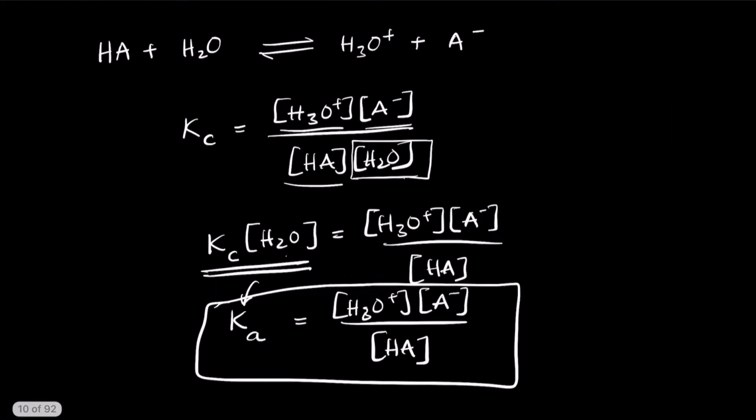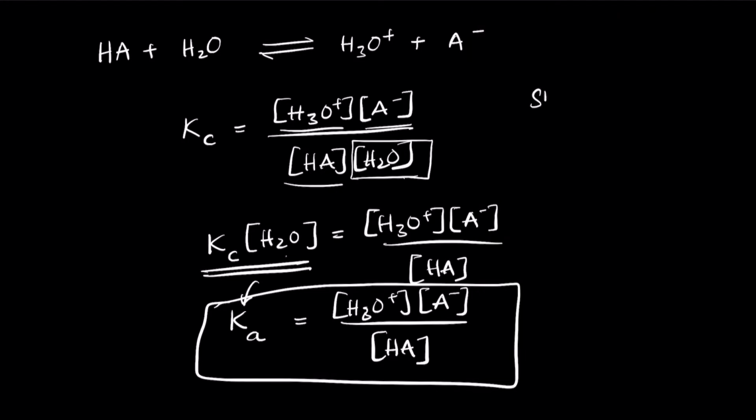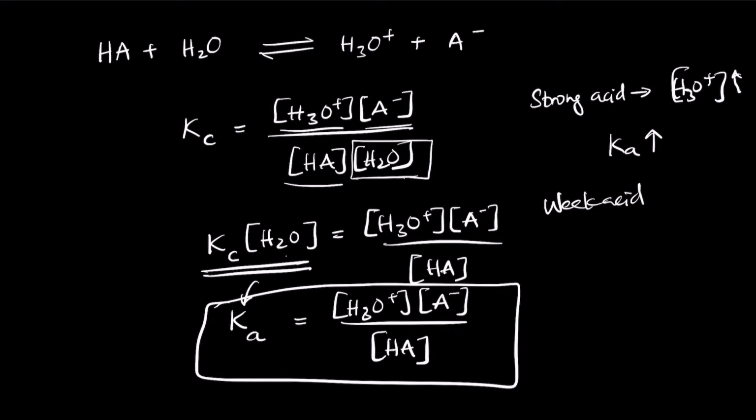So what does the acid dissociation constant have to say? Let's take an example. If you have a really strong acid, we know that the H3O+ concentration is really high, which means Ka is also high. When you have a weak acid, the H3O+ concentration is low, which means Ka is also low.